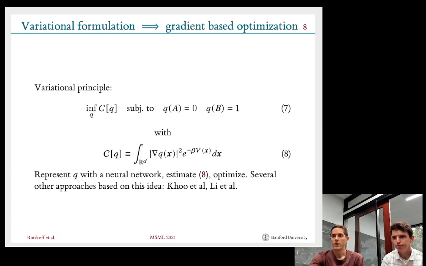Okay, so let me just briefly say what the actual objective function that we use is. We can turn the PDE that we started with into a variational problem. That variational problem just involves minimizing a cost functional, which is a Boltzmann-weighted average of the squared gradient. So that looks like a relatively easy object to compute.